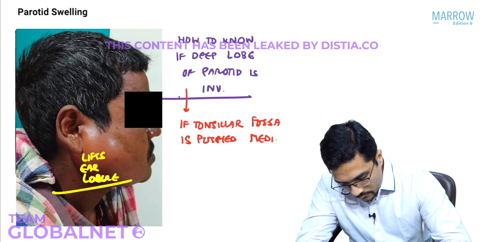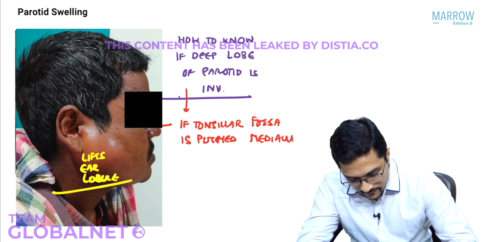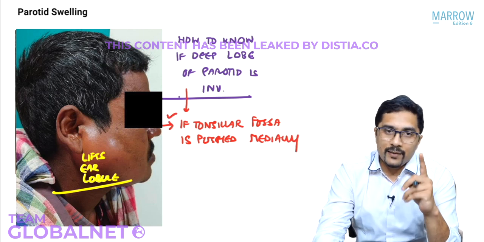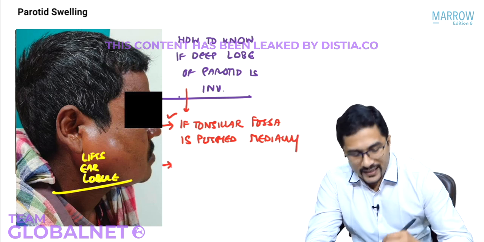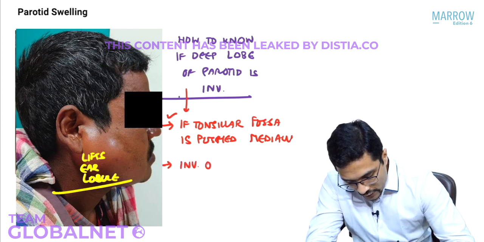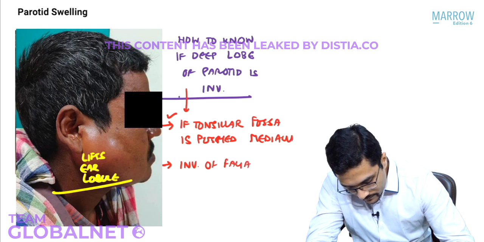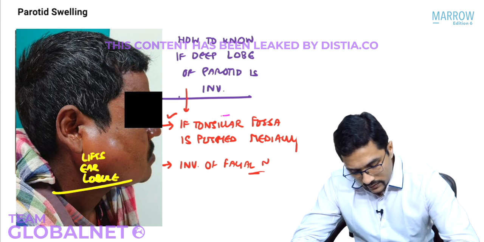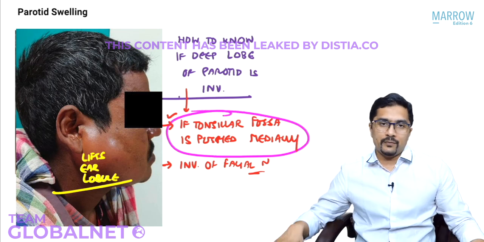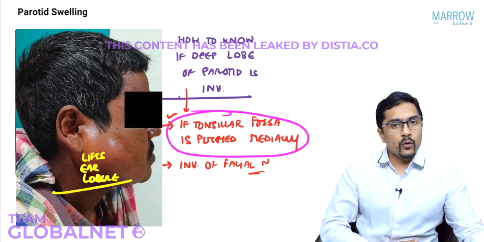If the tonsillar fossa is pushed medially, then the deep lobe of parotid is also involved. Another soft indicator can be involvement of facial nerve. That can also be a soft indicator, but if the tonsillar fossa is pushed medially, that means the deep lobe is also involved.